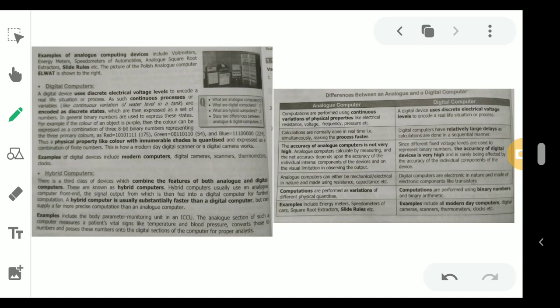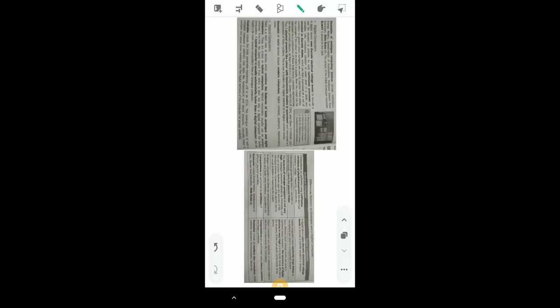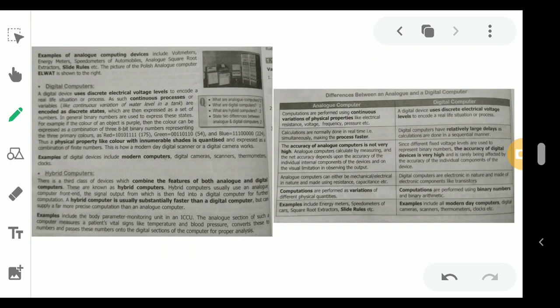Now we will talk about the differences between analog and digital computers, which is a very important question. What are the differences between these two? In an analog computer, the computations are performed using a continuous variation of physical properties, like electrical resistance, voltage, frequency, and pressure.